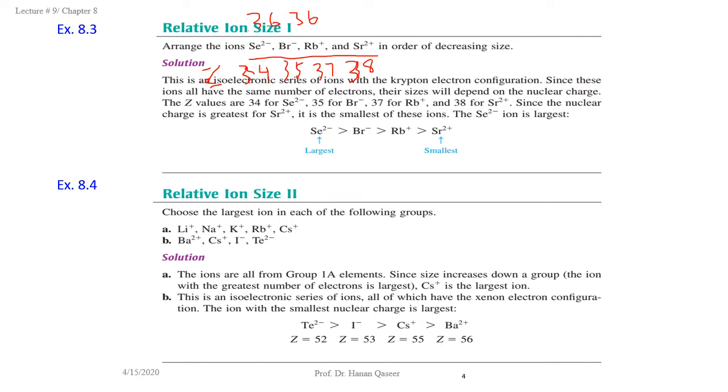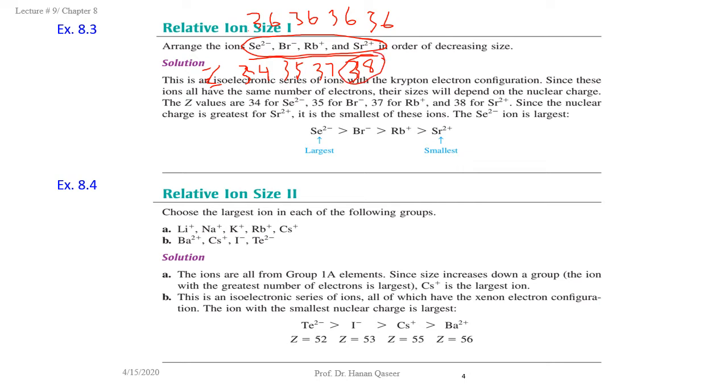Rb plus 1, 37 minus 1, 36 electrons. Sr2 plus, 38 minus 2, 36. So all of these ions have the same number of electrons. These are an isoelectronic series. As Z increases, strontium has the highest nuclear charge, so the smallest size.